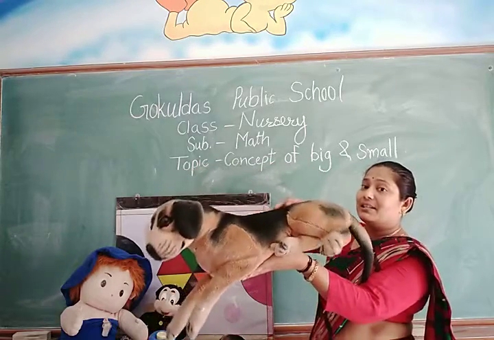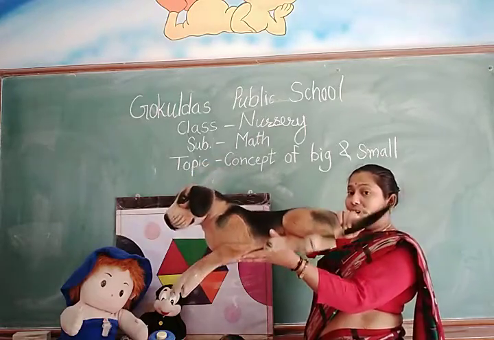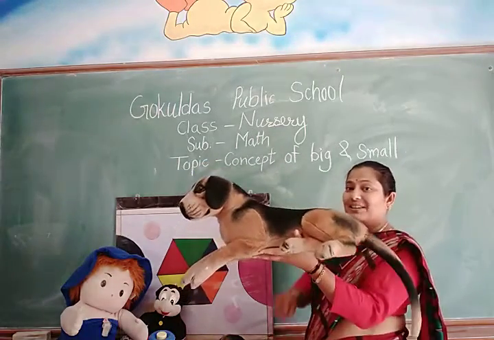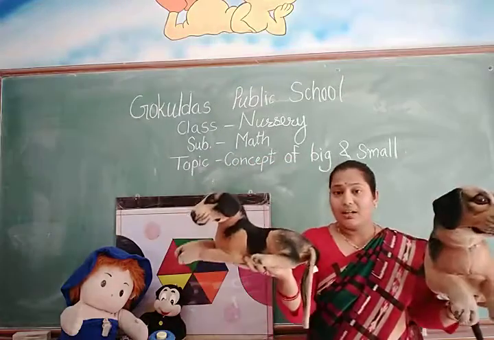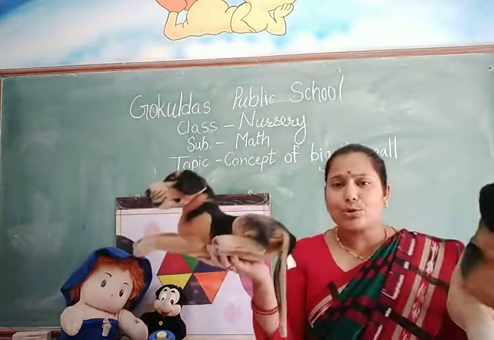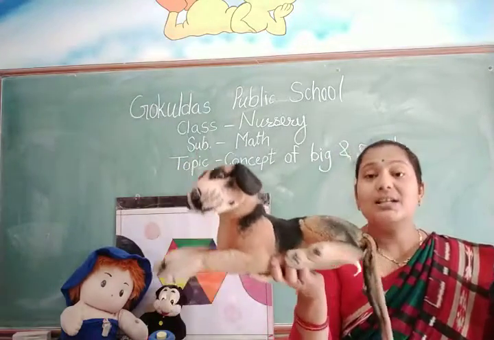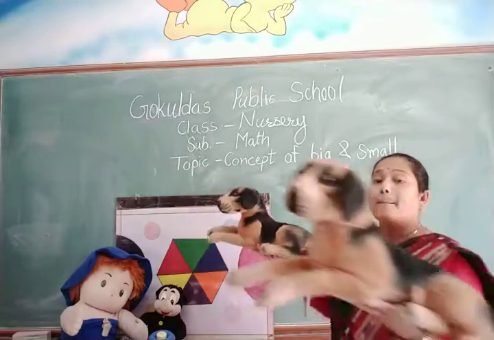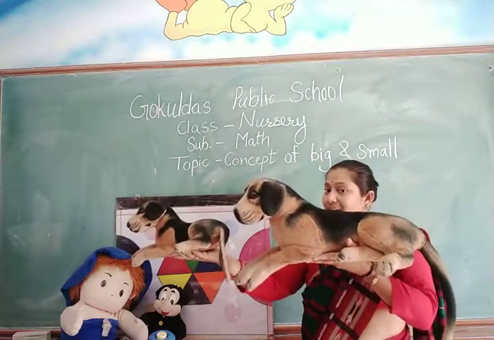Okay, this is a big dog. Its tail is also big. Okay, and this is a small dog, small doggy. Puppy, puppy होते ना छोटे छोटे से। Now you compare, see here.